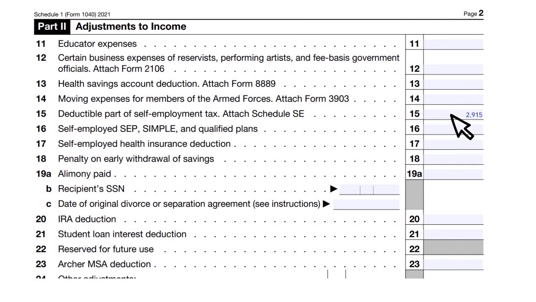Anybody remember it? The 2,915 is basically one half of your self-employment tax. Remember, you have to deduct one half of your self-employment tax. So if you divide 5,829 by 2, you get 2,914.5, but we need to round the numbers here, so this is why we have 2,915.